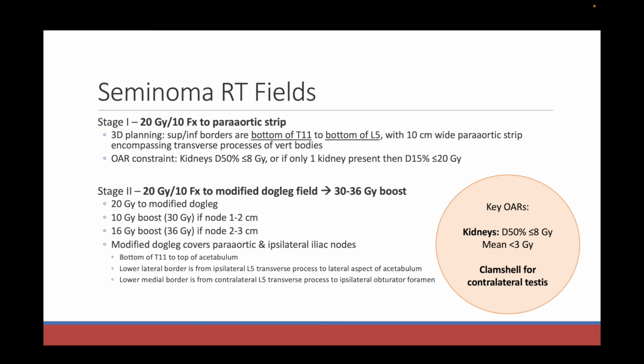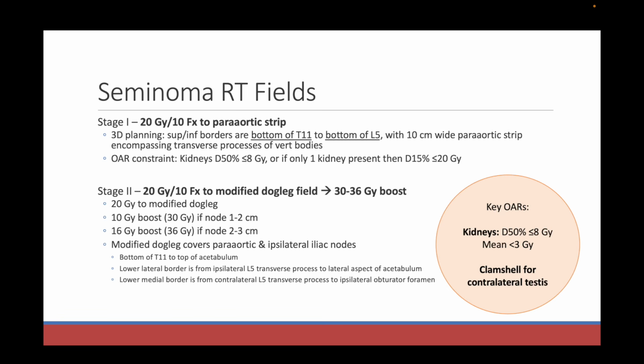An important organ at risk dose constraint is the kidneys. So you want to keep your D50% to the kidney less than 8 gray. You want to keep your mean less than 3 gray. And if there's only one kidney, then D15 less than 20 gray. But remember, D50% less than 8 gray, mean less than 3 gray for the kidney, and you use a clamshell to protect the contralateral testes.